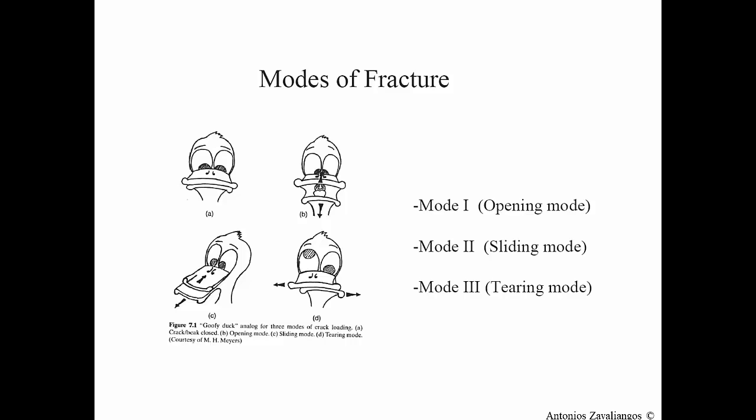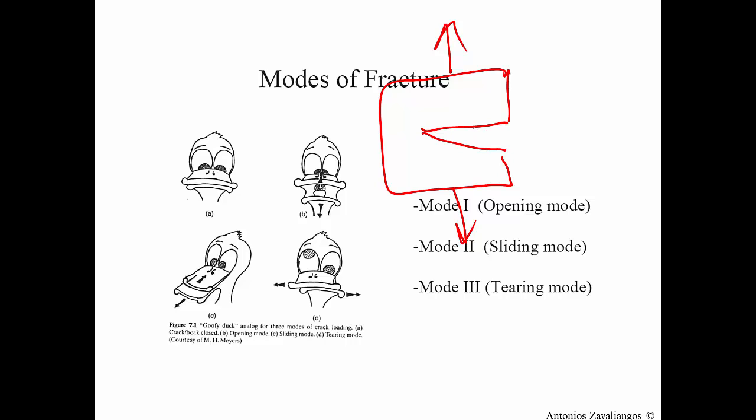I'm going to go through a very quick discussion of the stress in front of a crack tip. Instead of going through this for all the possible ways that crack propagation can occur, I just want to mention that the opening of the crack in a form like this, where the propagation of the crack is normal to the direction of the loading, is only one of the ways that fracture can occur.